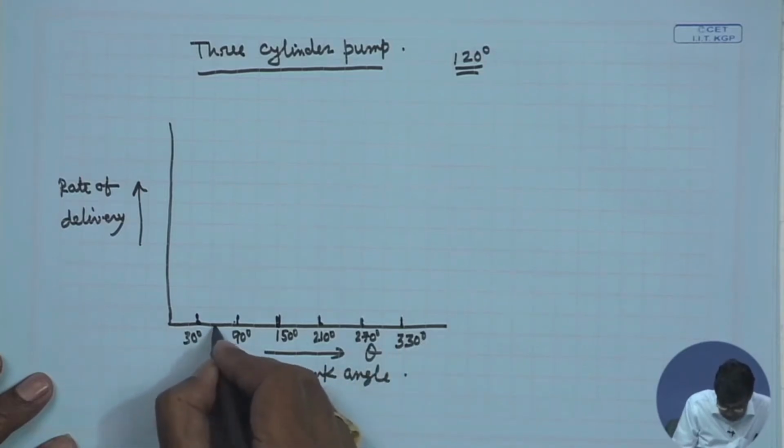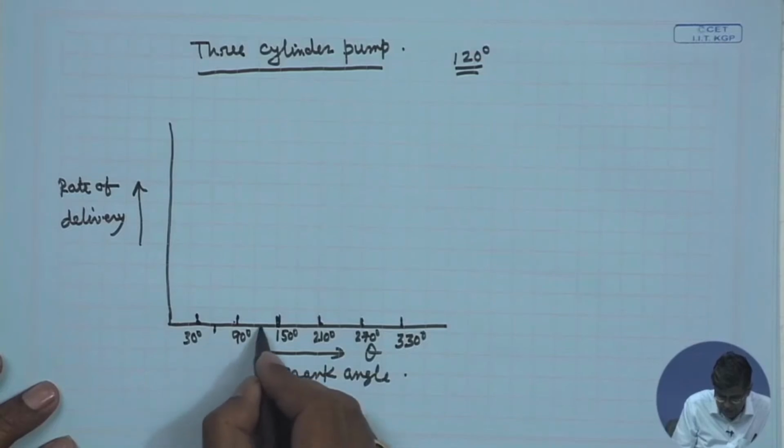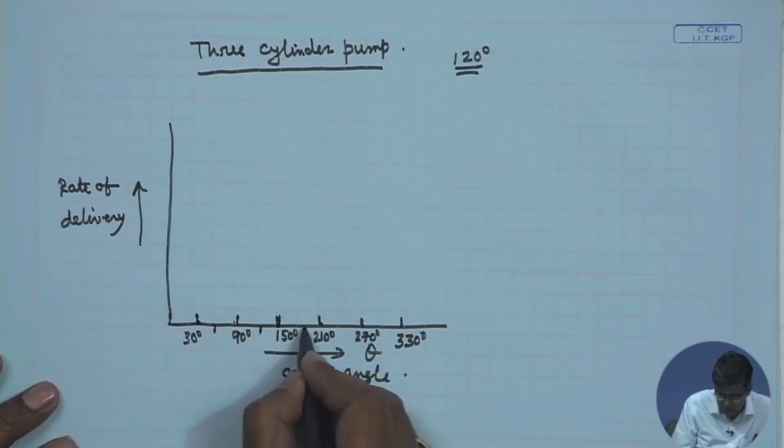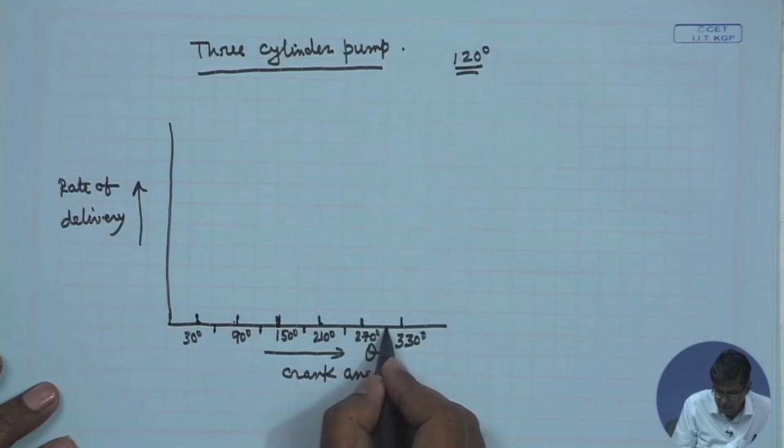And therefore, I am not writing the others because it is difficult to write; this will be 60 degree, this will be 120 degree, this will be 180 degree, this will be 240 degree, and this will be 300 degree.